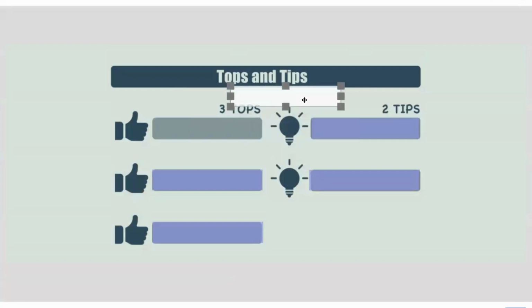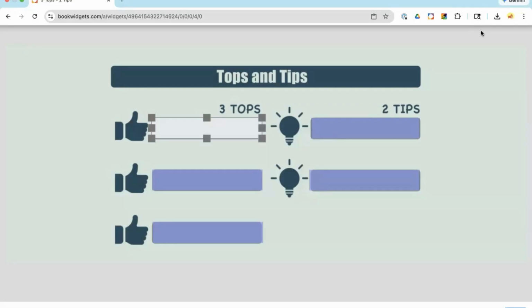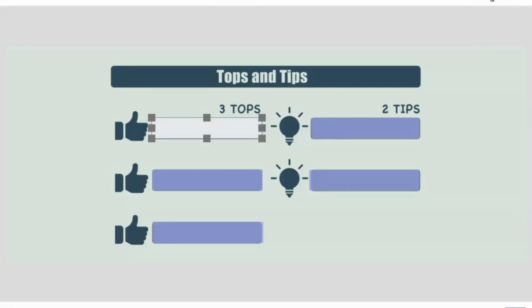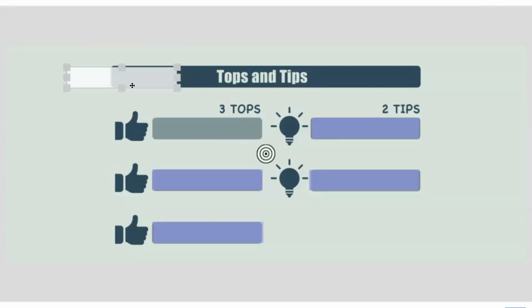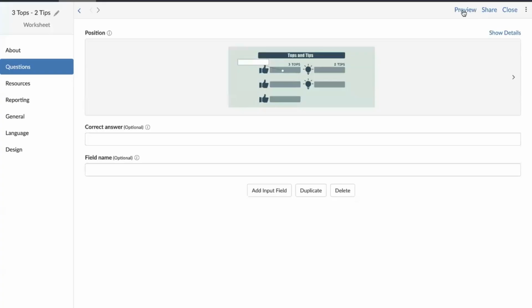And I can see where the other fields are already located. So annotate image doesn't just have to be the marker. So if I wanted to enable a marker, like I was doing this on a diagram, I could enable the marker. And then here, I'll show you what it looks like. I'll hit done and I'll go to preview.